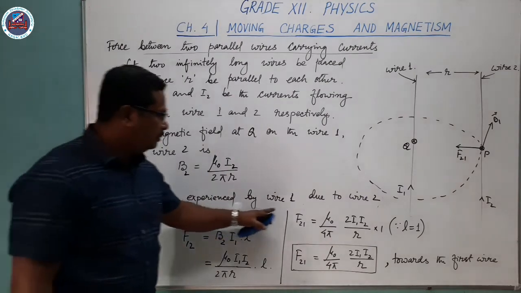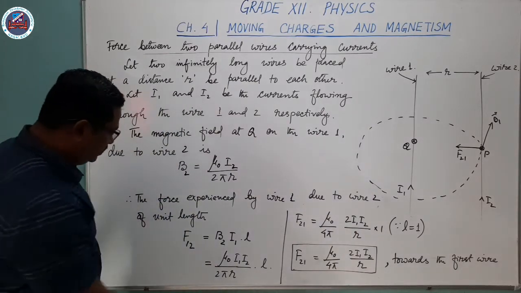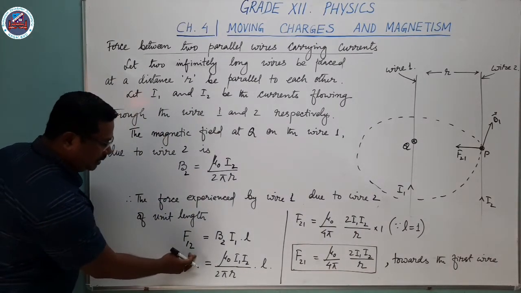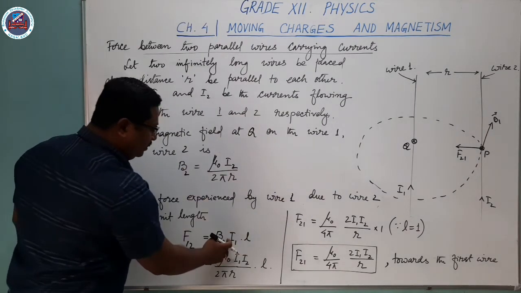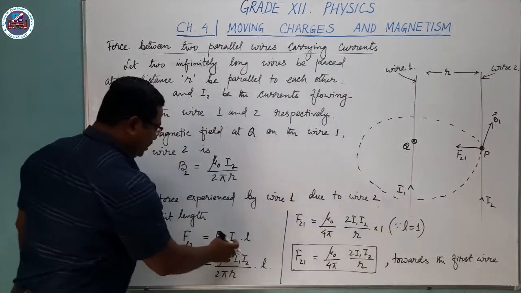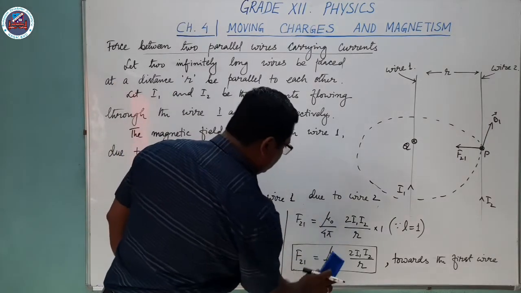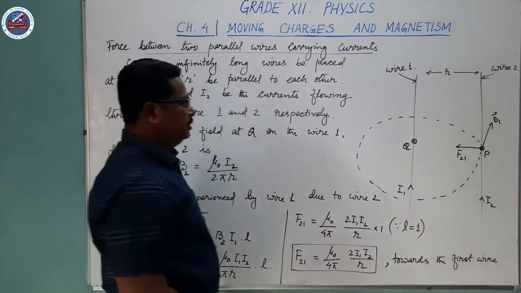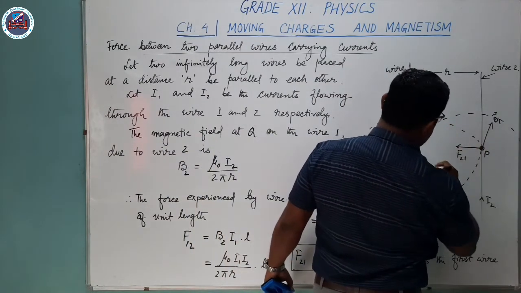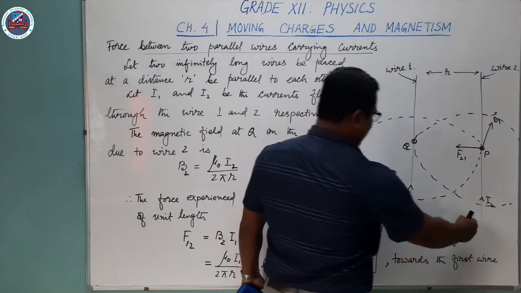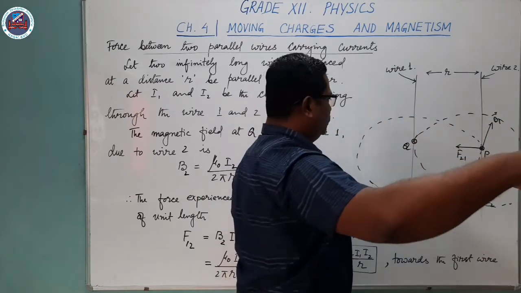Now the force experienced by wire 1 due to wire 2 of unit length will look like this: B2, and the current flowing through the first wire is I1, into L. If you put the value, everything will remain the same, but the direction will change. In this case, the field is like this, current is coming from down, still anti-clockwise, but when it comes here, it will fly over tangentially towards you.